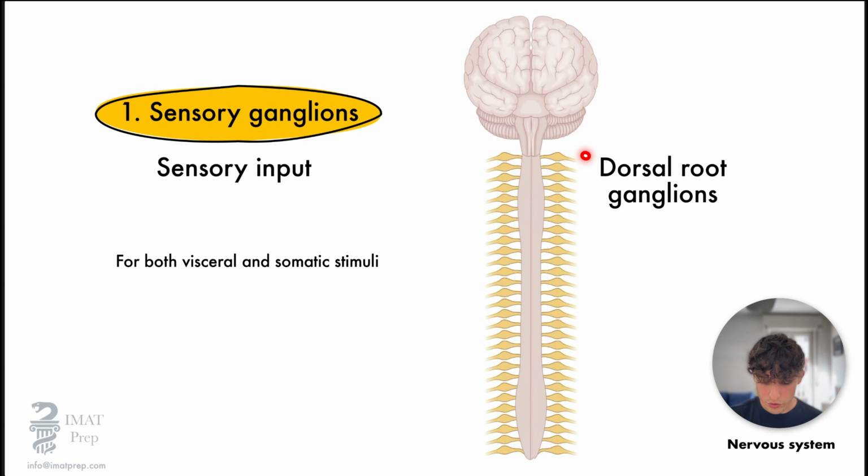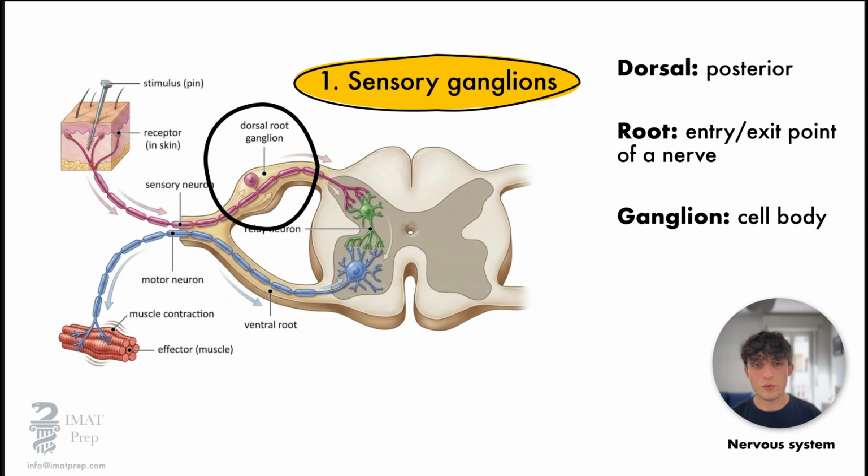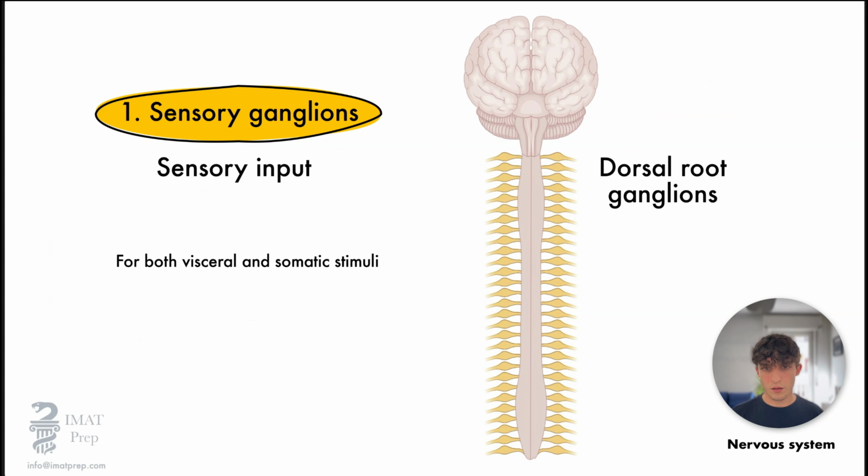So we can find the dorsal root ganglions next to and a little bit posteriorly, so a little bit behind the spinal cord, just as we have seen in this reflex arc image. So this is a dorsal root ganglion at this level, but we can find many of them at different levels of the spinal cord and on both sides. So all of these carry sensory information.